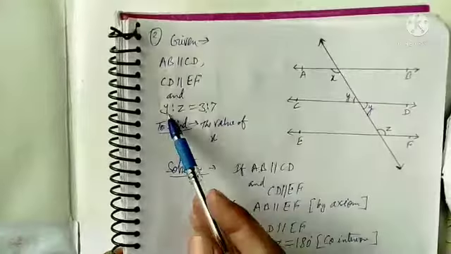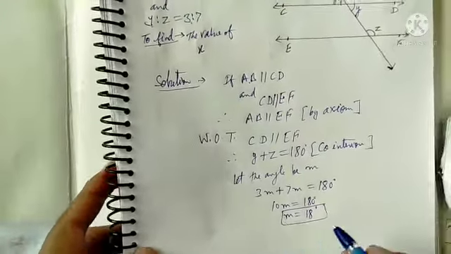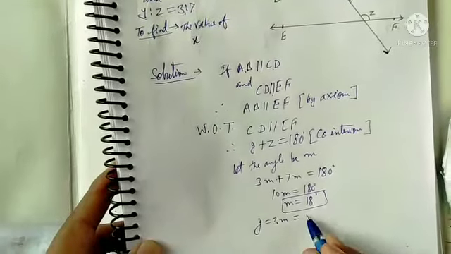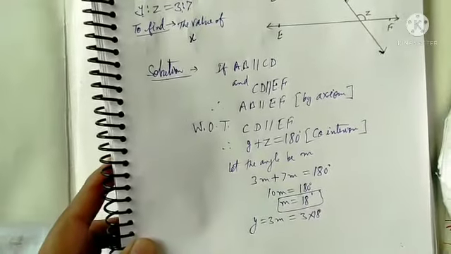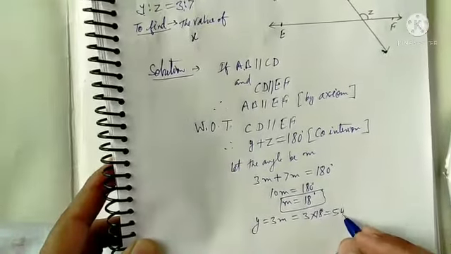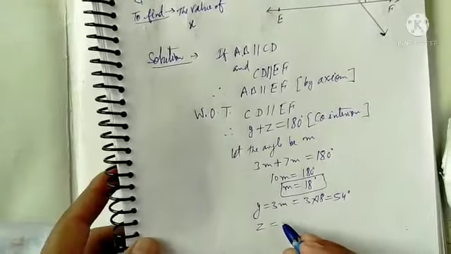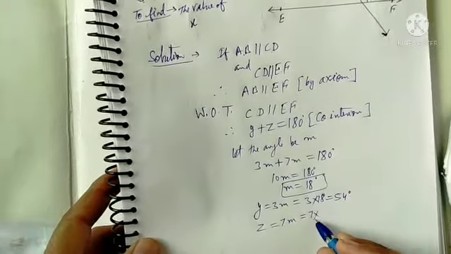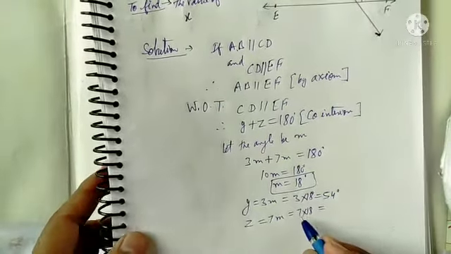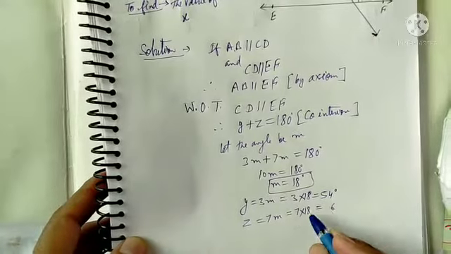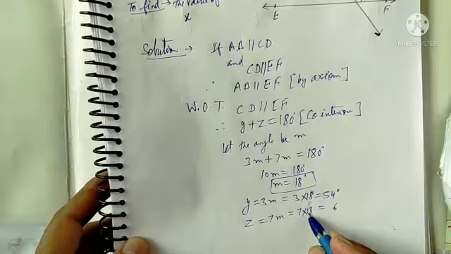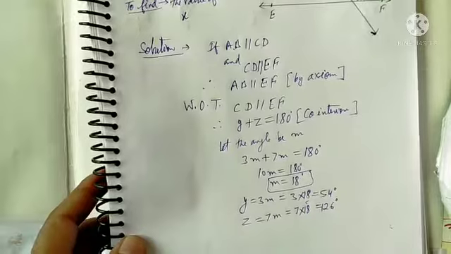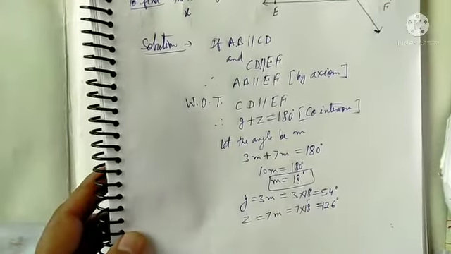From that 18 degree, take out the values of y and z. y is equal to 3m, which is 3 into 18, that is 54 degree. And z is equal to 7m, which is 7 multiplied by 18. 7 8s are 56, carry 5. 7 1s are 7, plus 5 is 12. So 126 degree. So y and z you got the values.